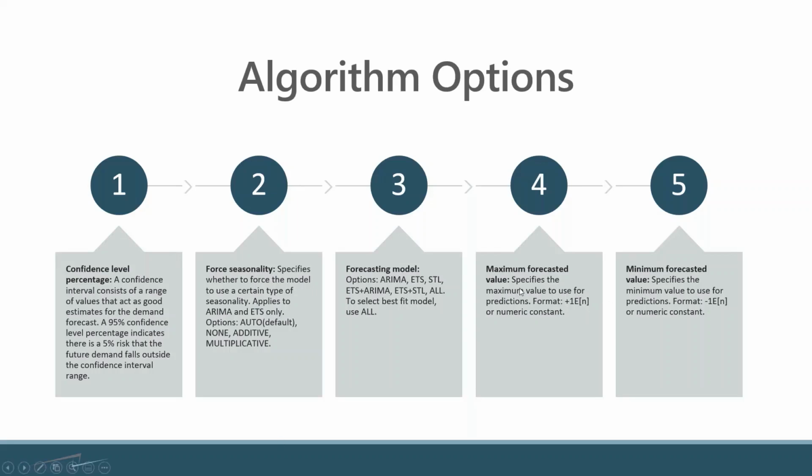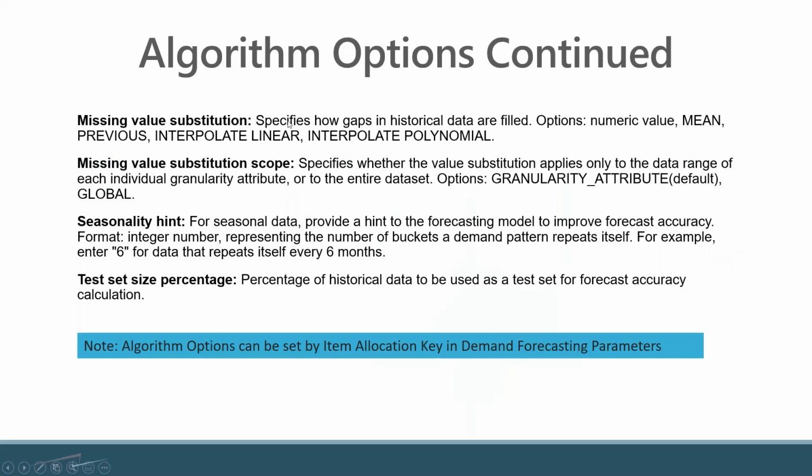You can also specify your maximum forecasted value or your minimum forecasted value. If there's a value missing when it generates your forecast, you can tell it how you want it to fill in that gap.